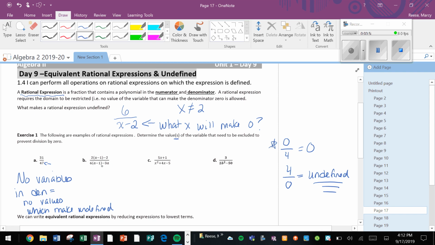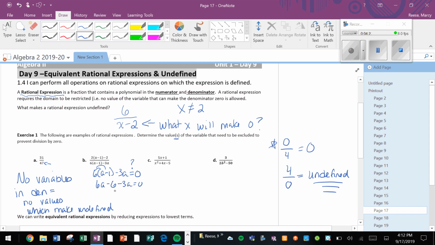Then I look at the next one, B, and I go, all right, 6a minus 1 minus 3a. I'm going to set it equal to 0 and figure out what a value will make it equal 0. That's what I'm trying to do. So I set it equal to 0 and I solve. I'm going to distribute and I get 6a minus 6.